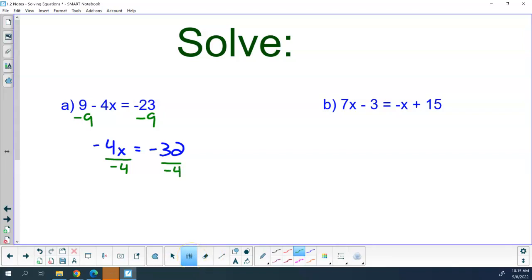And then that's going to give me x is equal to 8. And then we check our equation. So we got 9 minus 4 times 8. 4 times 8 is 32. 9 minus 32 is negative 23. It checks out on both sides. Bada bing, bada boom. Done.